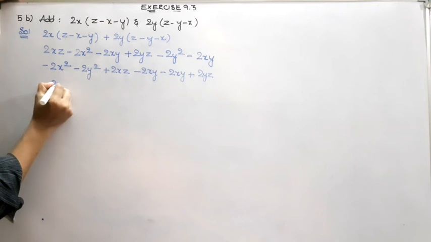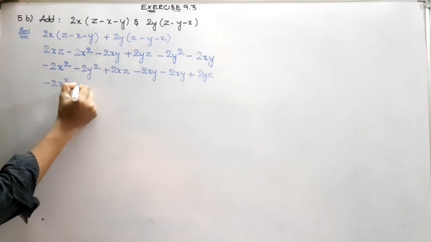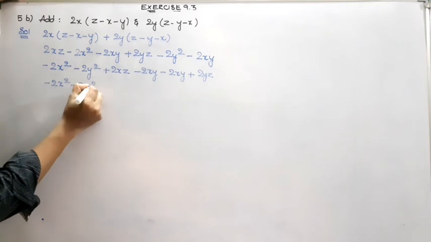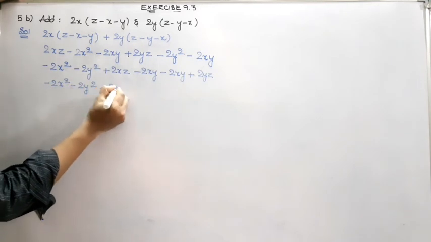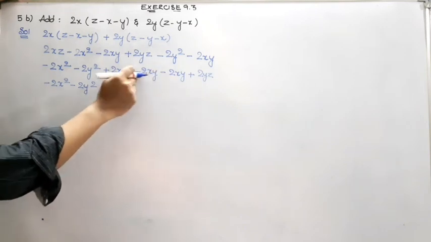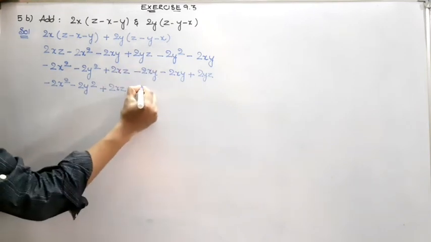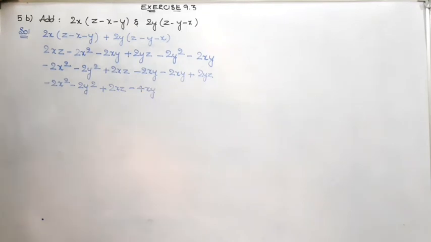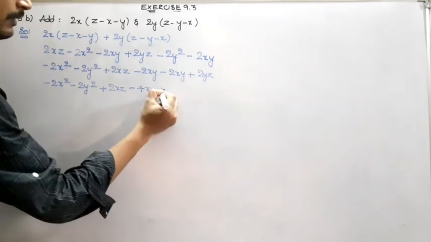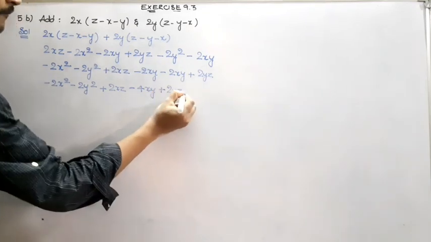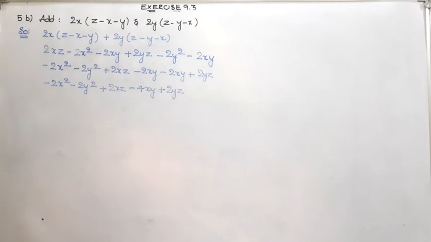So minus 2x square minus 2y square plus 2xz minus 4xy and the leftover term plus 2yz, plus 2yz.